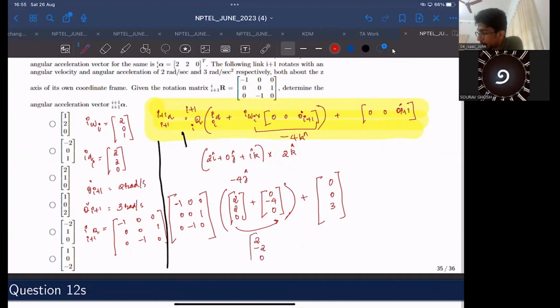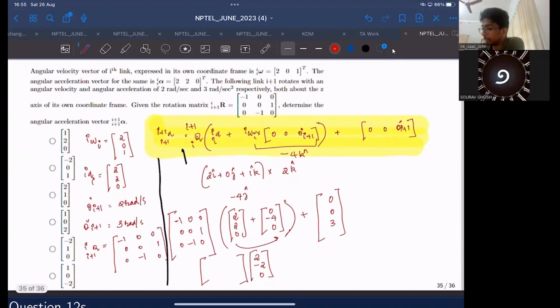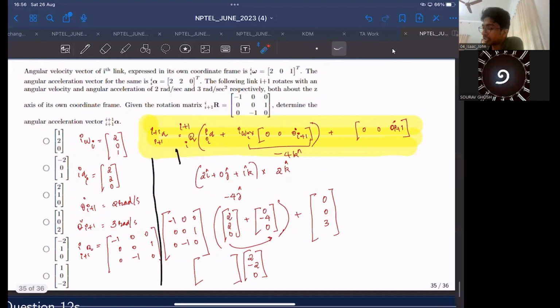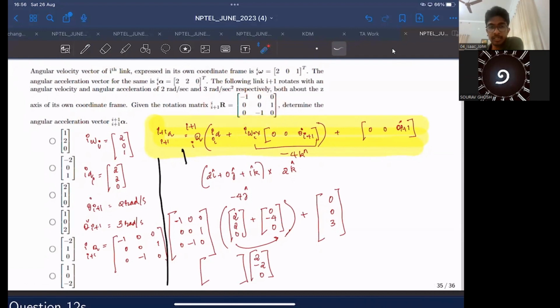Okay, beware: as per our expression, the correct rotation matrix is i plus 1 Ri. But in the question, we have been given the transpose or the inverse of it, i Ri plus 1. So in order for us to evaluate this, we'll have to invert the rotation matrix, or you could simply take the transpose because R is an orthonormal matrix.